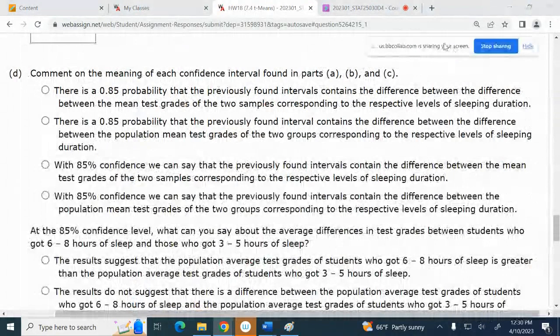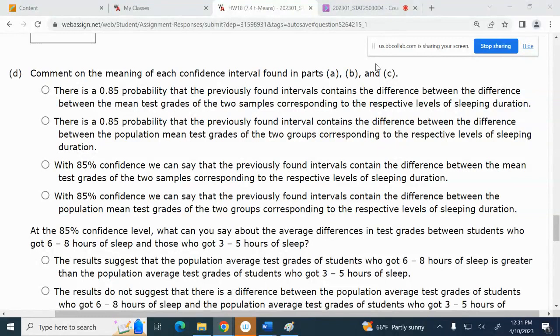Part D, comment. I have no idea. Because I need 3 confidence intervals, right?